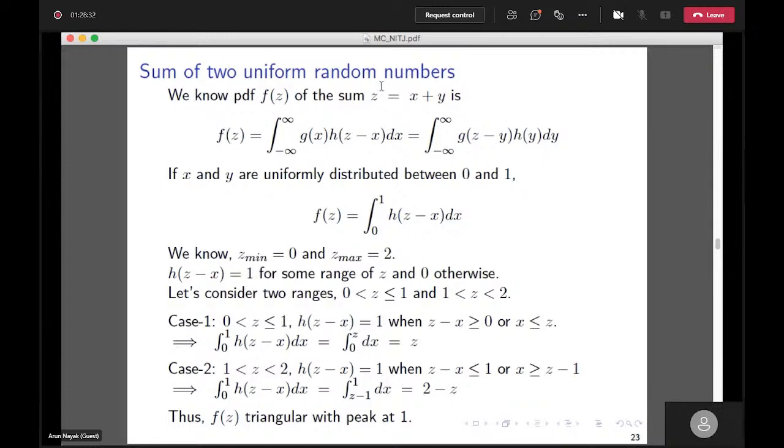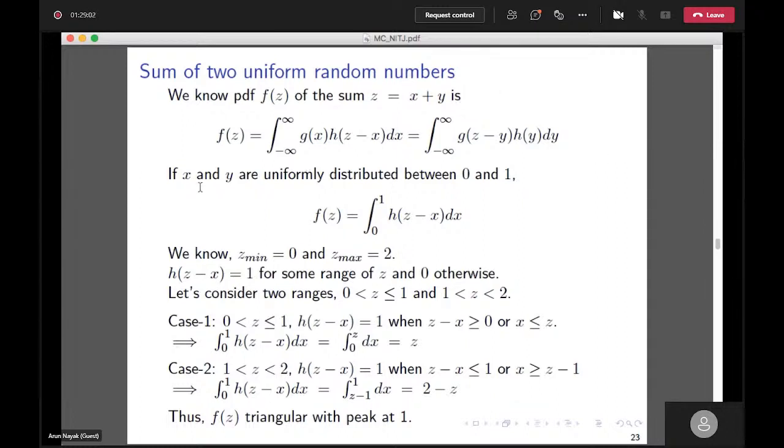How do we calculate the PDF of z? The PDF of z will be the integral of g of x times h of y, times dx, where g and h are the PDFs of x and y.